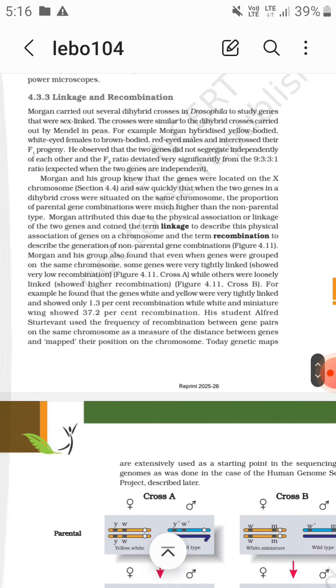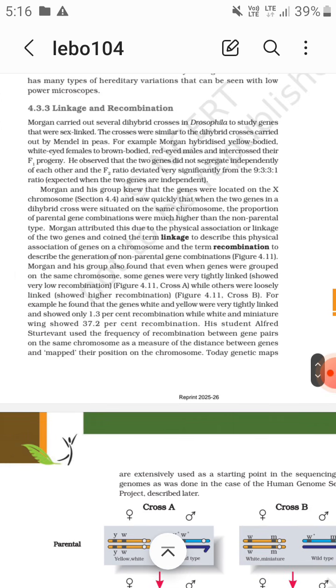Now, Morgan studied the X chromosome. What he saw was that when the two genes in a dihybrid cross were situated on the same chromosome, the proportion of parental gene combinations was much higher than the non-parental type.